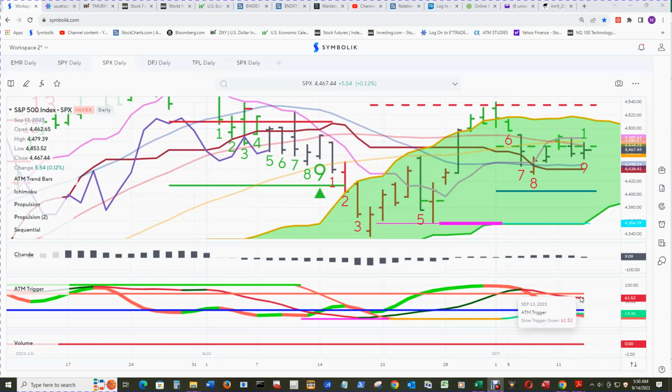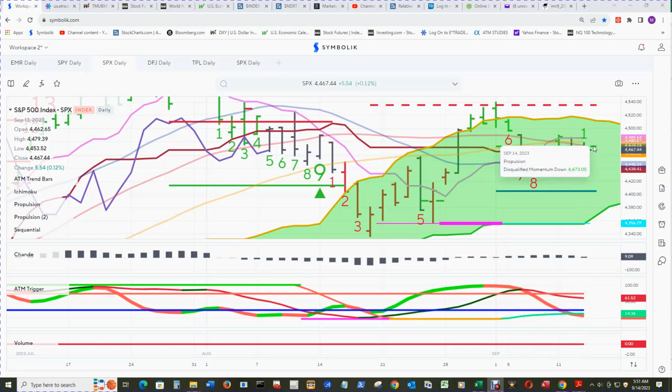It's still on a slight downward trajectory, and it needs to get back up above the overbought line. If not, then all three of these will probably meet down here under oversold eventually, unless the fast trigger can make a move to the upside first. This will be the first one to make the move.